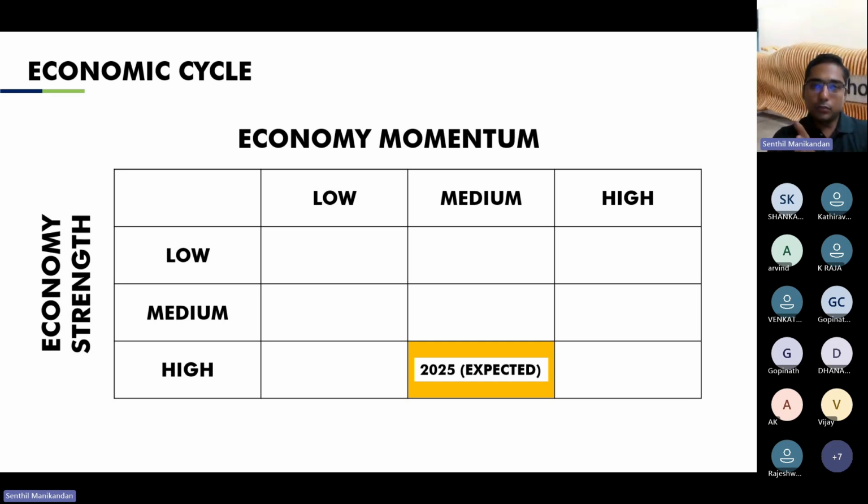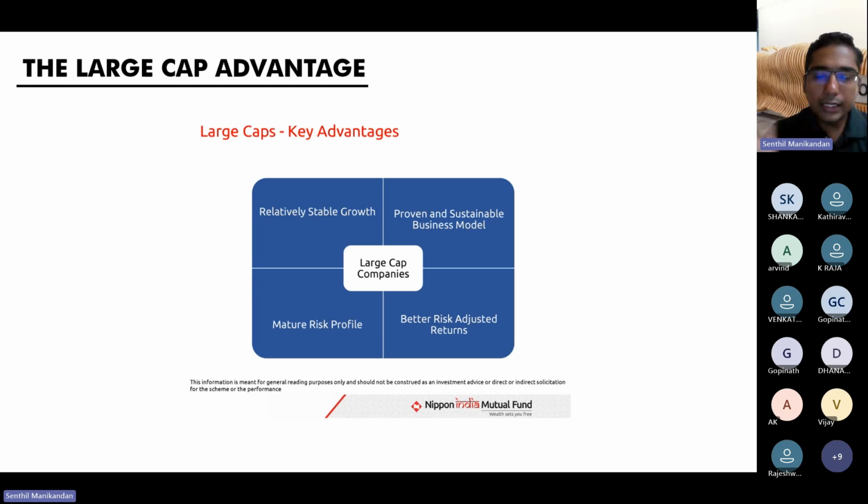So the key takeaway is that we are entering a zone where we can expect normalized growth levels, where the momentum is getting normalized. So in that economic context, why do we find large caps have an edge over the mid and small caps?